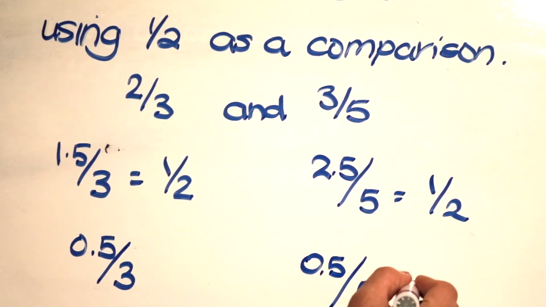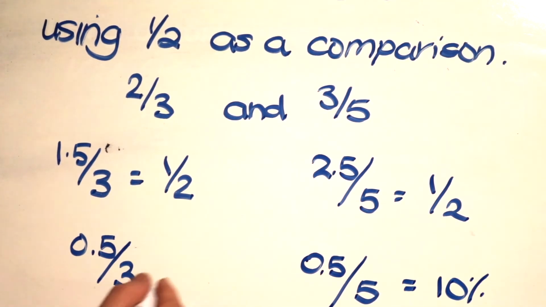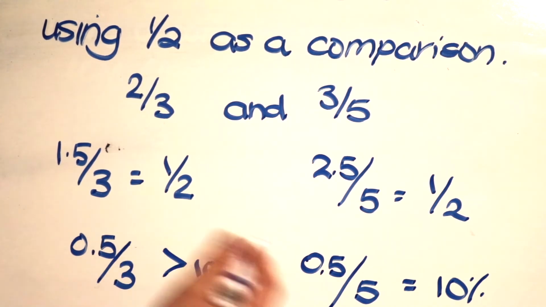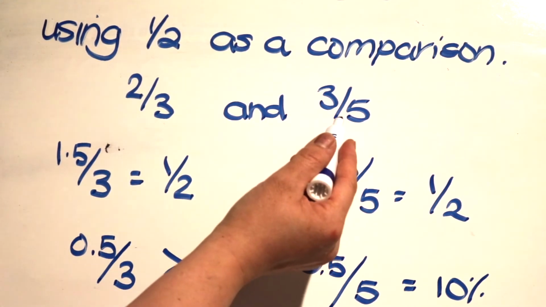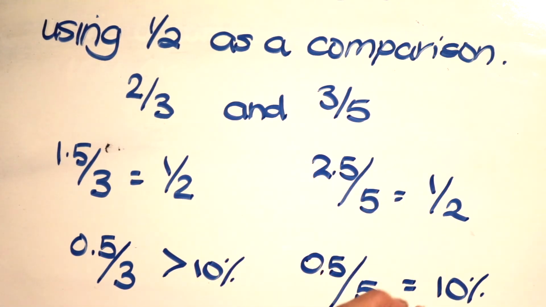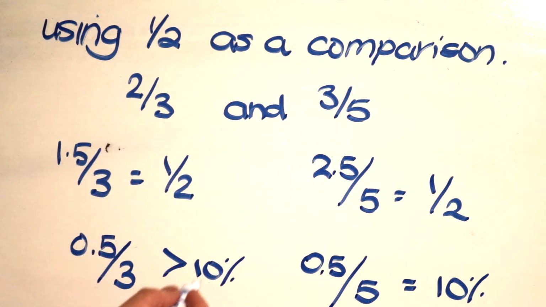So this is 10%. And because this is less, this is greater than 10%. So what this means is that this fraction, 3/5, is 10% away from 1/2, whereas 2/3 is more than 10% away from 1/2, which makes this fraction greater.